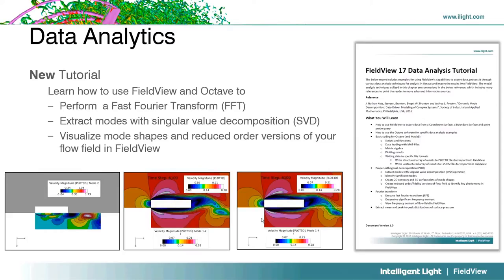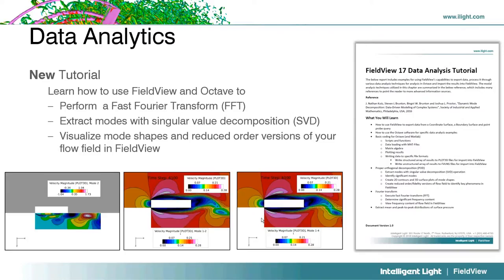If you have interest in this topic, I want to mention that we have a new tutorial on data analytics. It's going to teach you how to use FieldView and Octave for doing a lot of things, but especially how to perform a fast Fourier transform, how to extract modes with singular value decomposition, and how you can visualize the mode shapes, but also a reduced order version of your flow field inside of FieldView, as you can see in the images over here at the bottom.